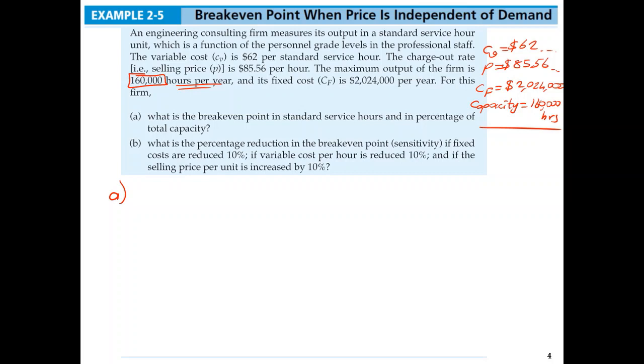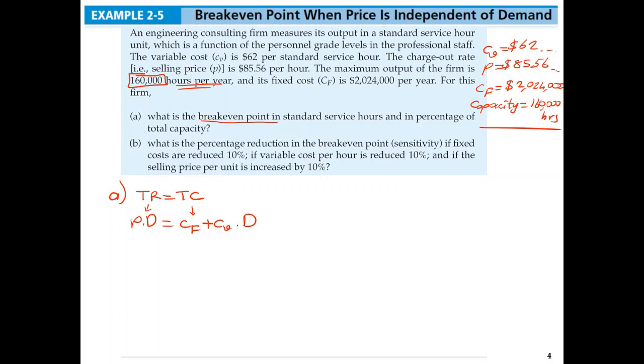Now in part A, I don't want you to memorize anything. We want you to know the concept. It asks for the break-even point, and the break-even point is where the total revenue is equal to total cost. The total revenue is equal to P times D, and the total cost is equal to the fixed cost plus the variable cost, and the variable cost is equal to unit variable cost multiplied by D. So simply we want you to solve this equation, that's all.